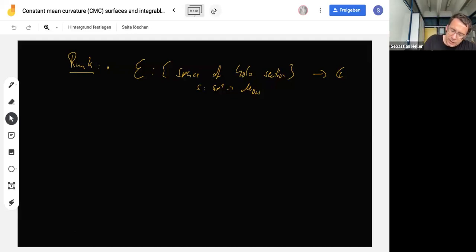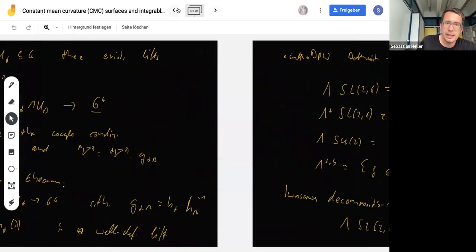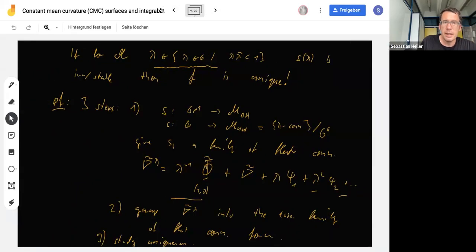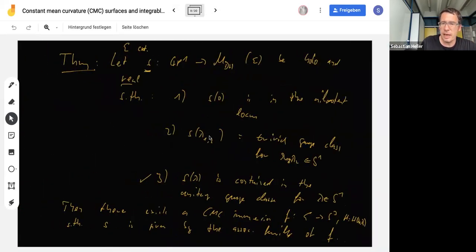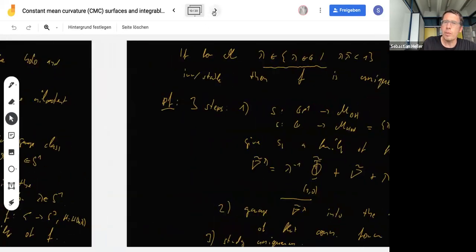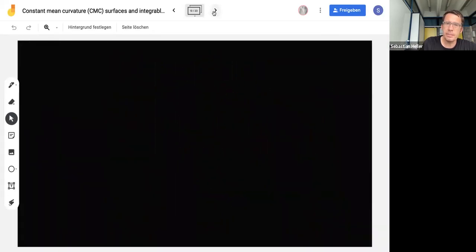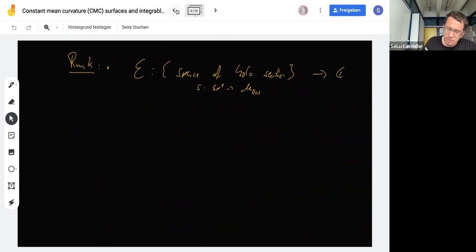But if we apply it to a section which satisfies the three properties I have stated in the theorem, namely here, so we are in the nilpotent locus, it's unitary, and it corresponds to a trivial gauge class, then we can compute that the energy functional is, up to a scaling, the area of the corresponding minimal surface.